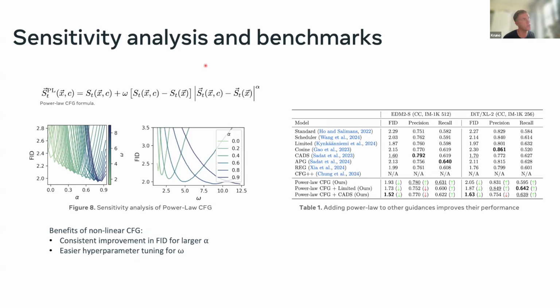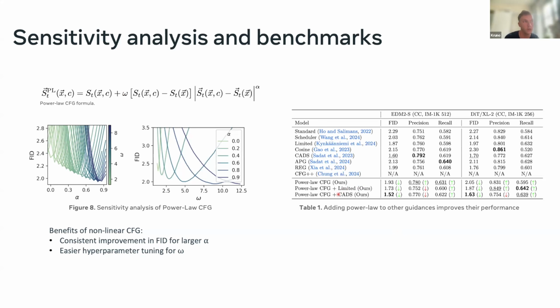But at the same time, no one has really thought about adding this difference of the scores, as far as we're aware. So we could have just said, well, let's combine the two. And we did combine the two, and we consistently saw benefits, even adding them on top of previous methods.